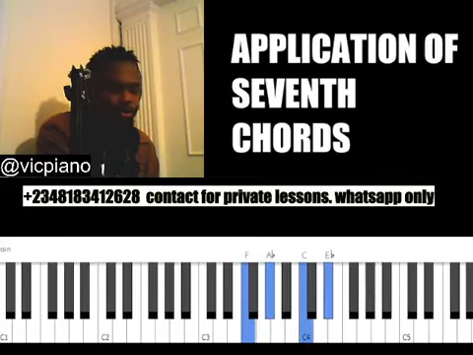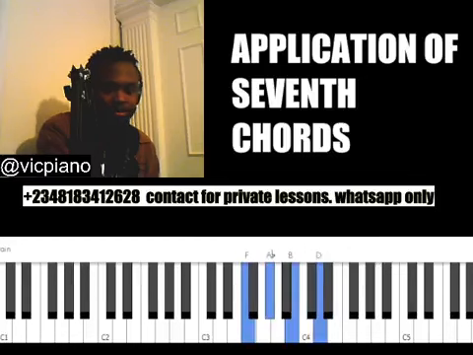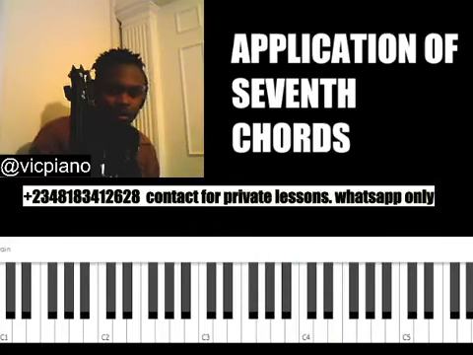Then the last one I'm going to show you is your diminished 7, which is your 1, flat 3, flat 5, and 6. So this is diminished 7. Now we know 4 different 7 chords.